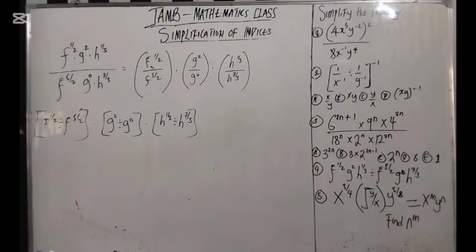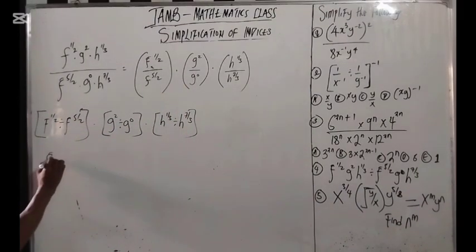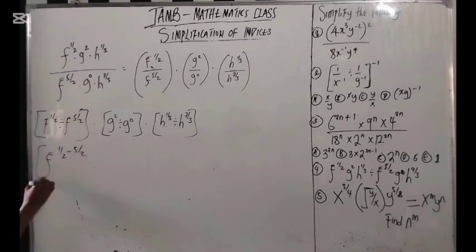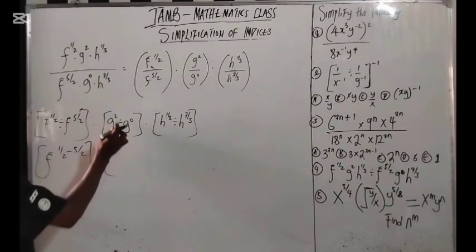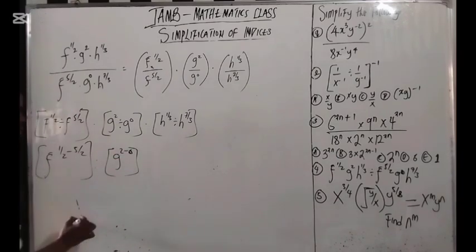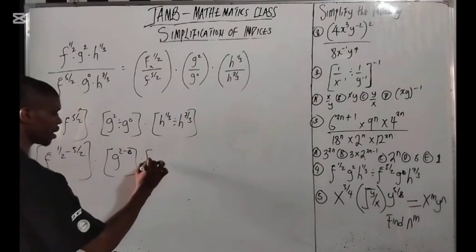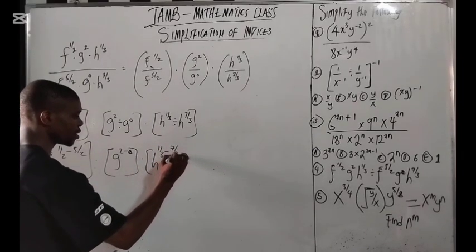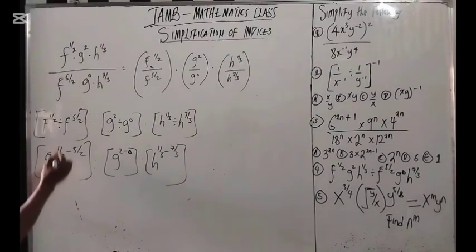So here now it is going to be F(1/2 minus 5/2), dot. What do you have here? G(2 minus 0), dot. Here we have H(1/3 minus 7/3), right? So now let's evaluate this one here.